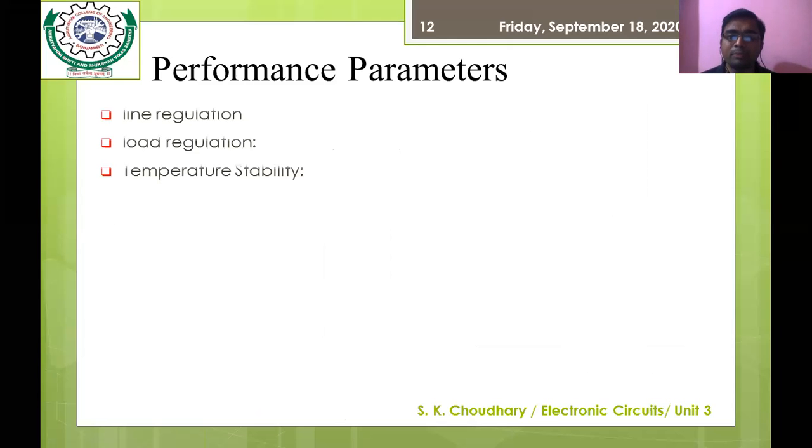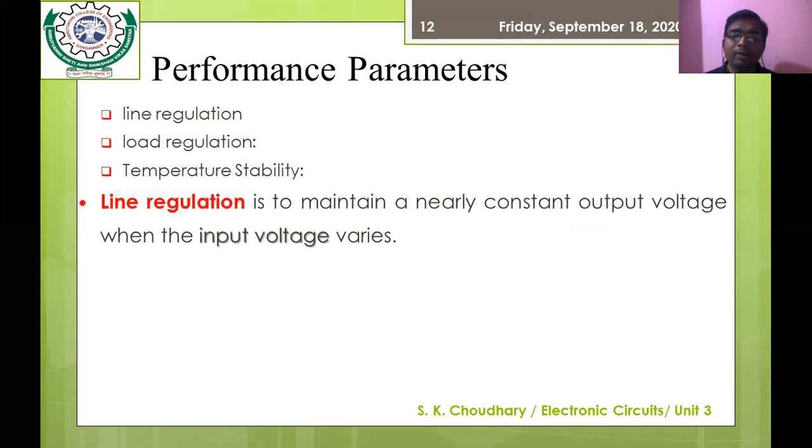Now we have to see some performance parameters generally used in the case of regulated power supplies. Three parameters we have considered here: line regulation, load regulation, and temperature stability. So what is line regulation? Line regulation is to maintain a nearly constant output voltage when the input voltage varies.